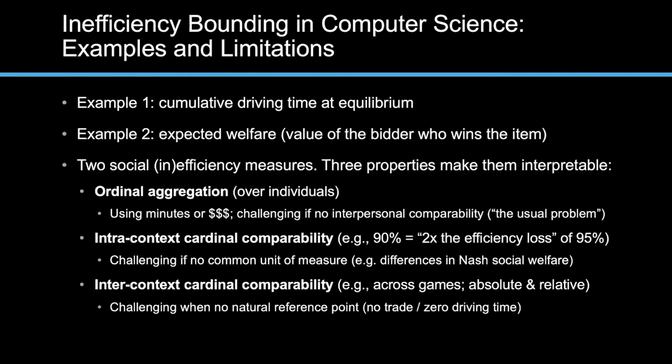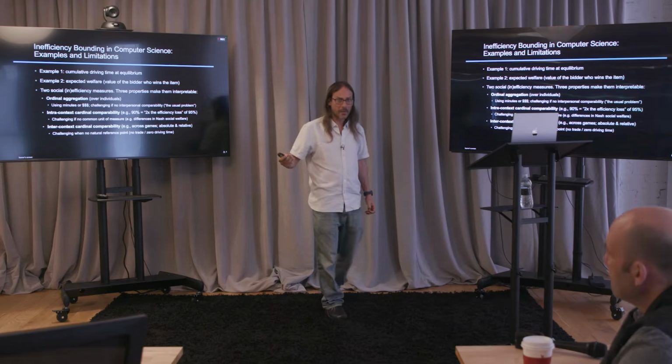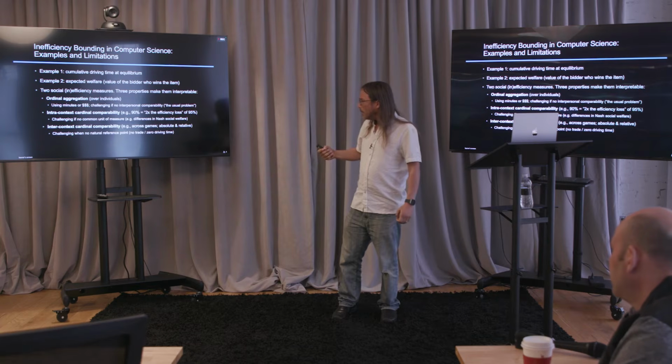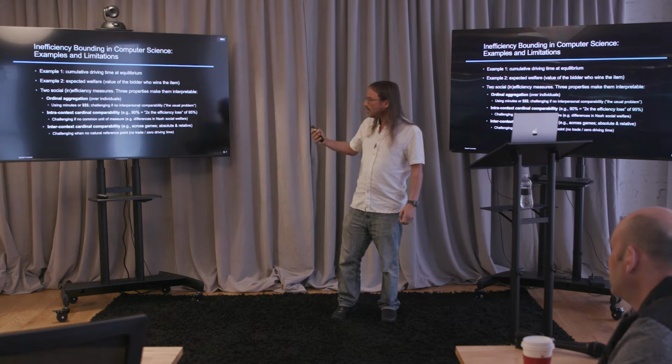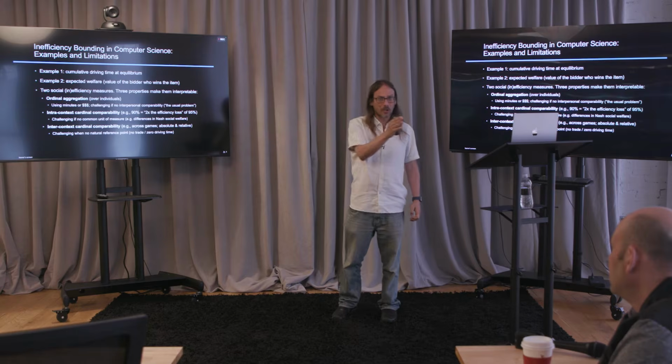So for example, here when we say 120% of the optimal driving time, or 133% actually of the optimal driving time, this carries similar meaning across similar games because there is a natural reference point here.